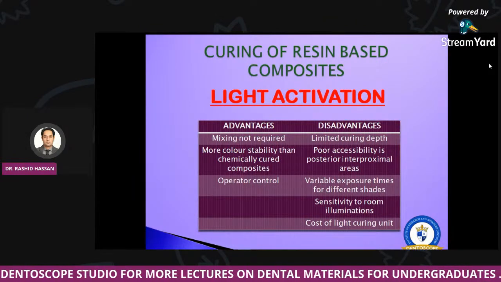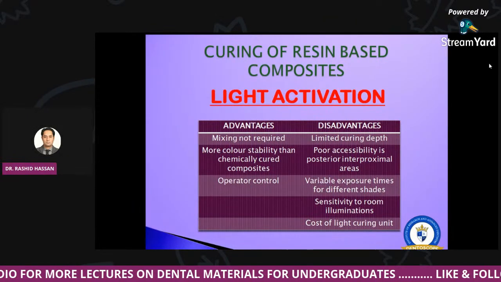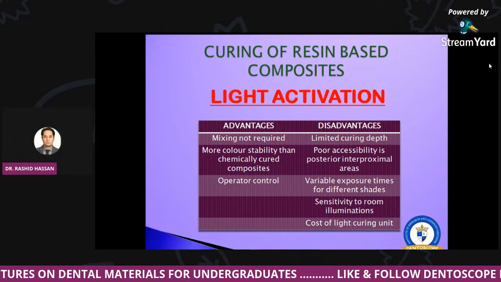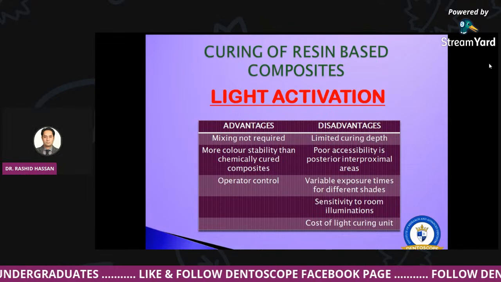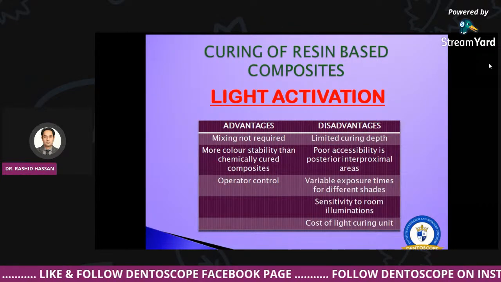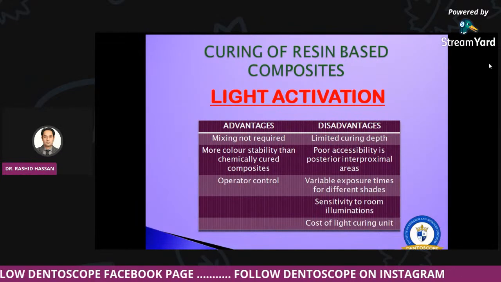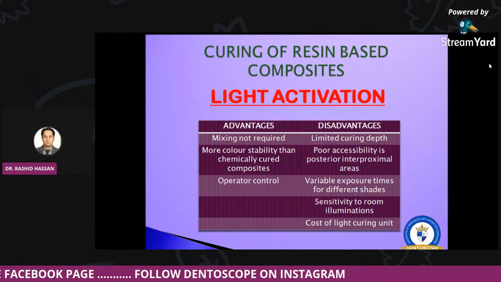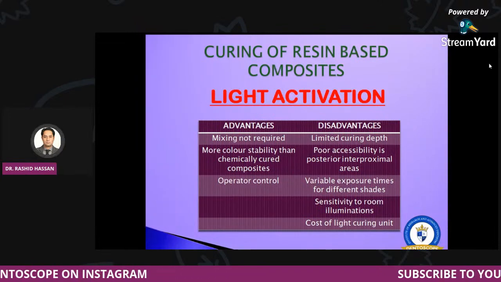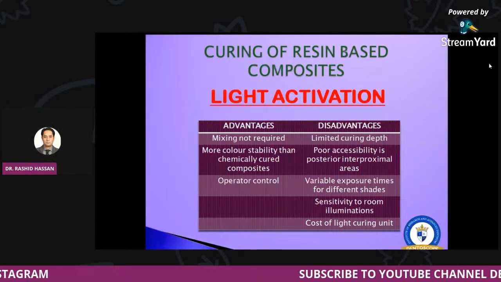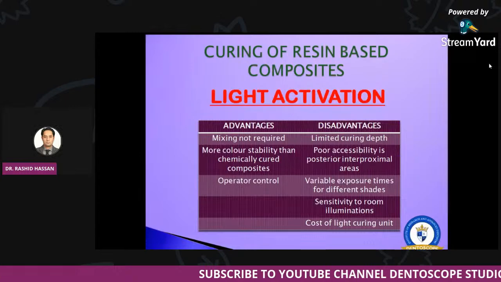Well, the disadvantage is limited curing depth. That's why the light cure must be used in increments. Then, poor accessibility in the posterior interproximal areas. Obviously, let's suppose it's a cavity and caries is present at the distal side of the upper second molar.